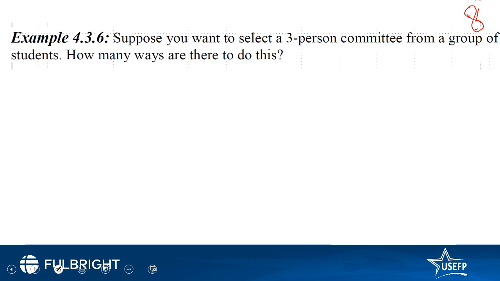So how many ways are there to do this? Pardon me, this is not a group of 8 students, it's actually a group of 9 students.